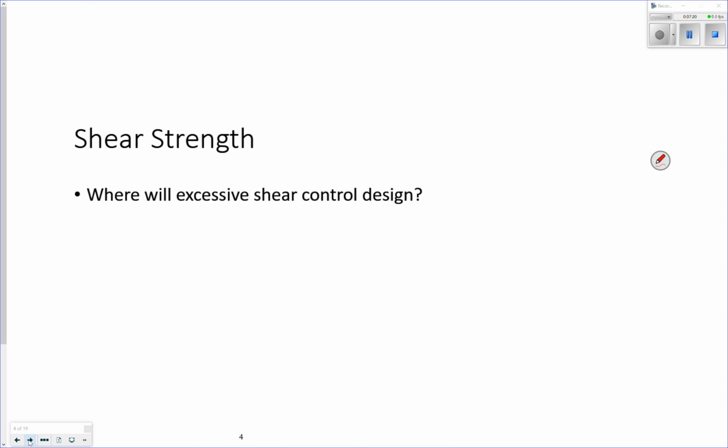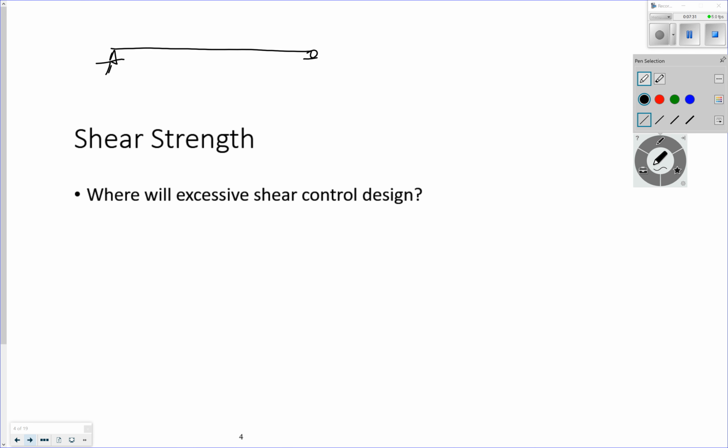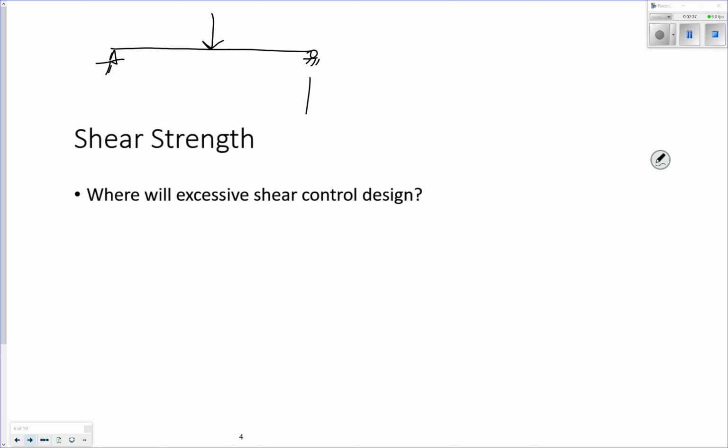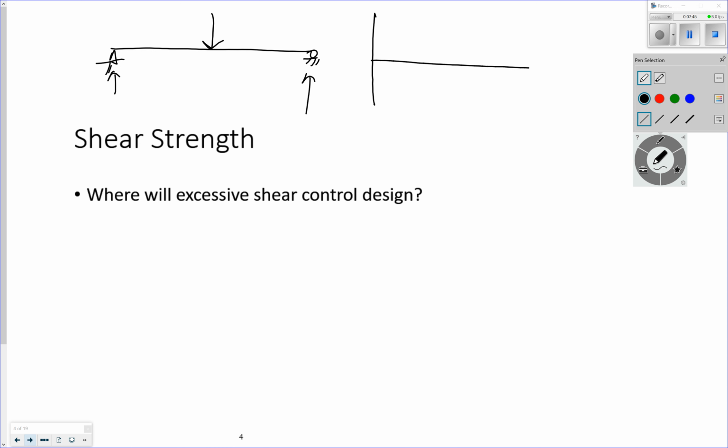Well, oftentimes, if you think about, let's say we have a simply supported beam with a concentrated force in the middle, then a reaction on either side, my shear diagram looks something like that, right?